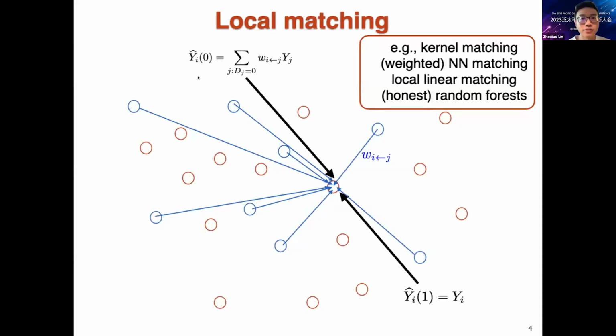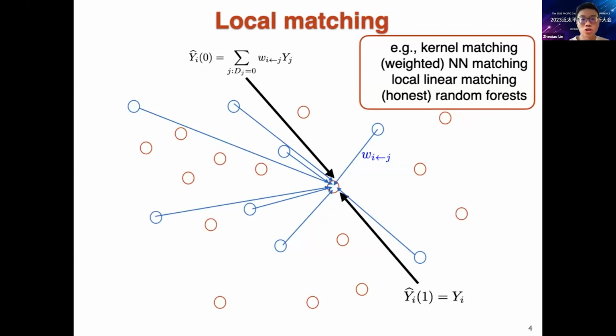For the imputation method, we use non-parametric regression to impute the missing value. For example, for this red unit, to estimate its potential outcome under treatment, we simply use its observed outcome because this unit is already in the treatment group.